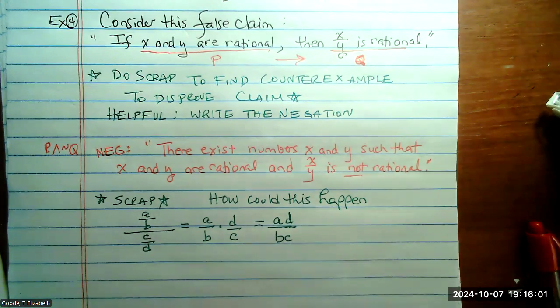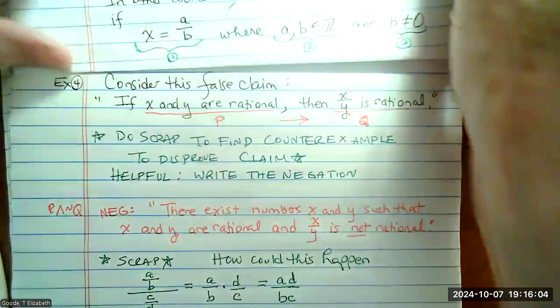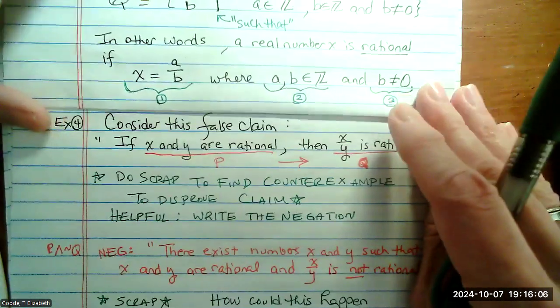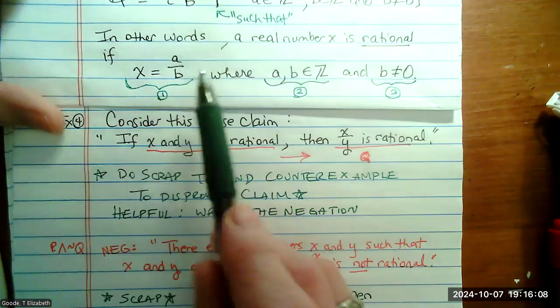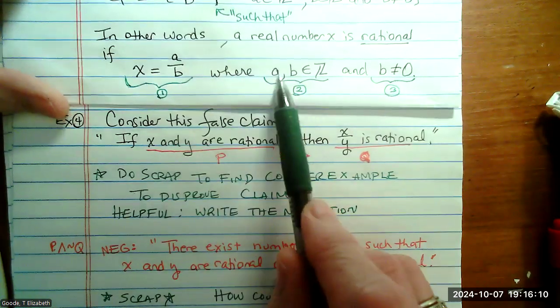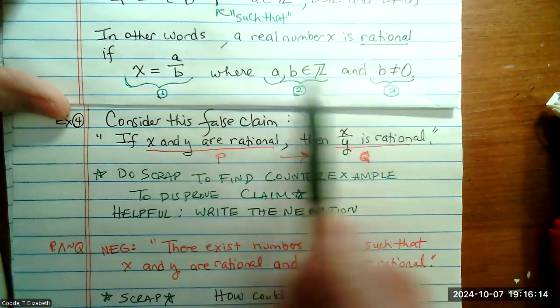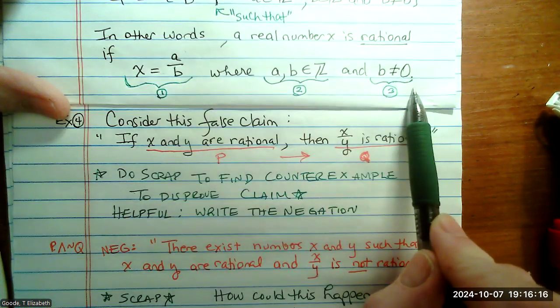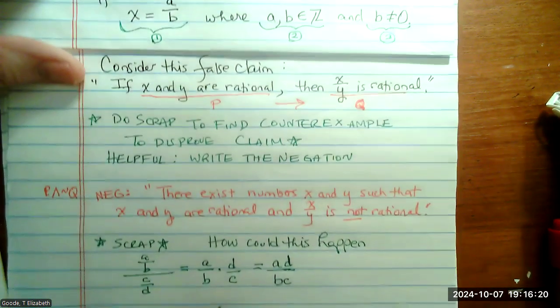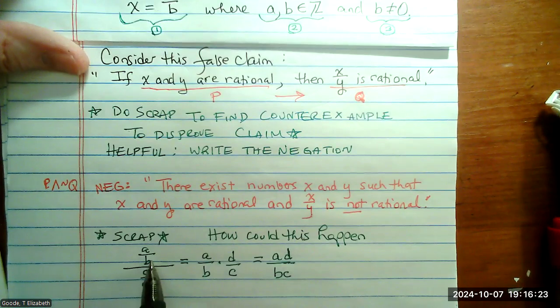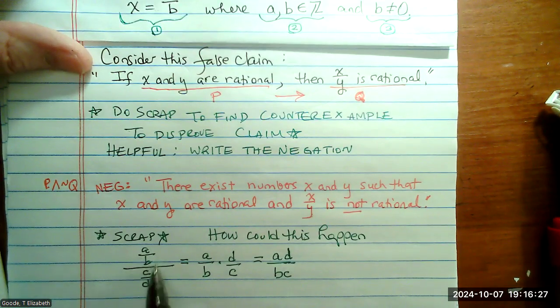Let's look at the definition of rational. It's something over something where the numerator and the denominator are both integers, but the denominator cannot be 0. So B cannot be 0, and D can't be 0 because these are going to be rational.